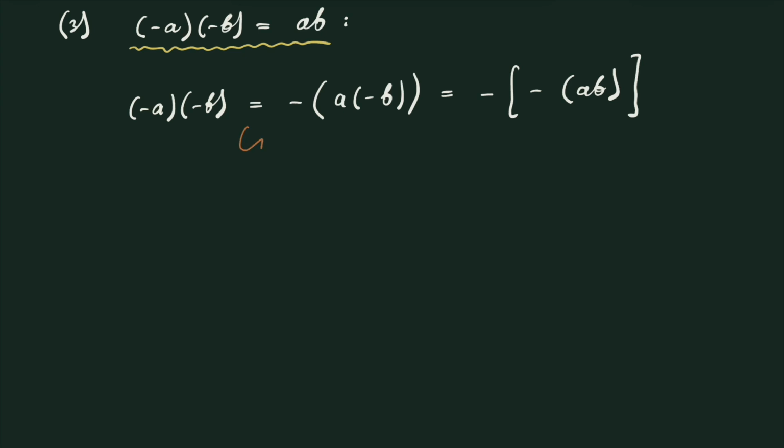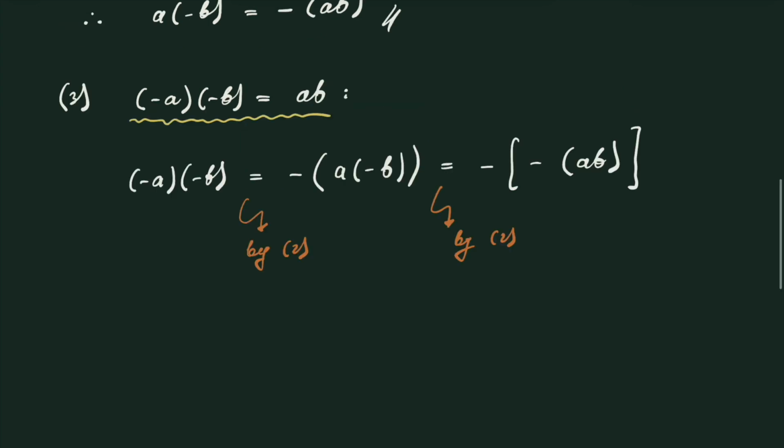Let me write this by part 2, again by 2. So minus A times minus B is actually this by 2, if we take minus B as an element. And then we apply fact 2 one more time to get that this one here is equal to minus times AB. We used fact 2 straightforwardly, as it was in fact 2. Now here this is equal to AB.